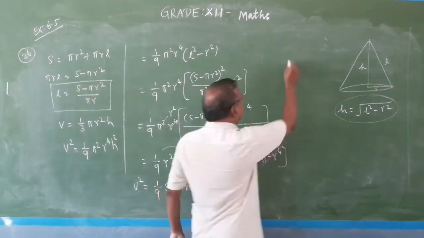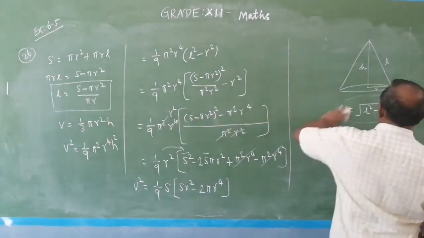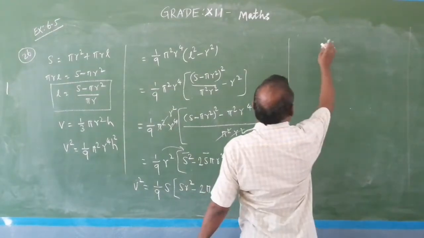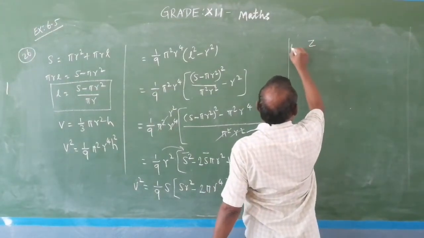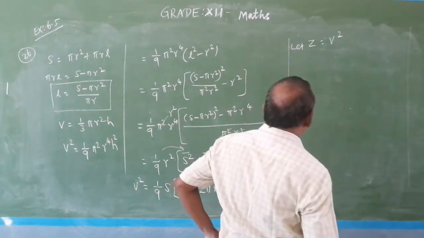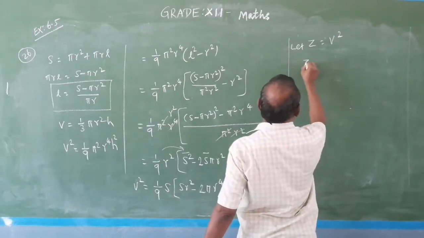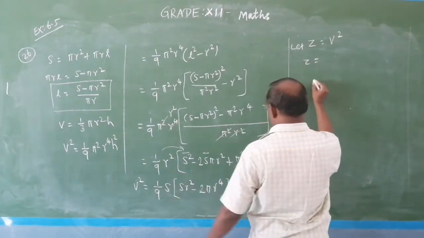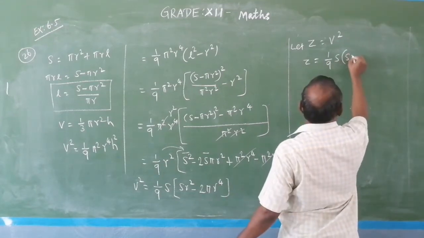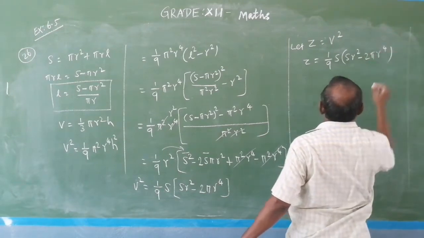Now for convenience in differentiation, let z equal V square. So we have to show that z is maximum. Now z equals V square means 1 by 9 S into root S r square minus 2 pi r power 4.